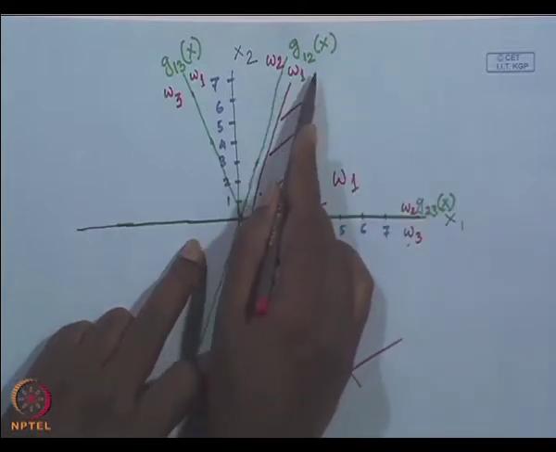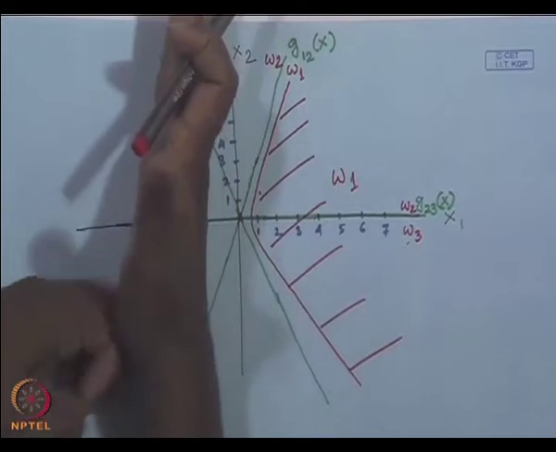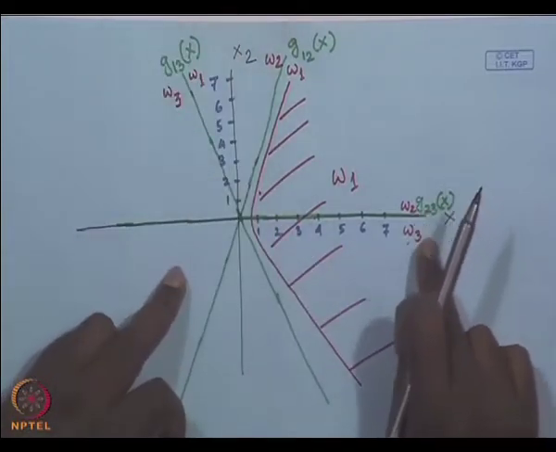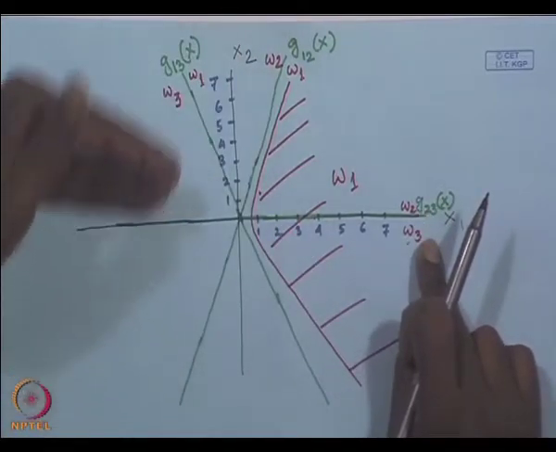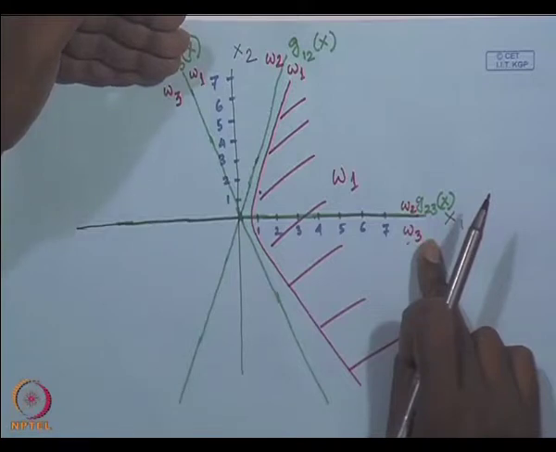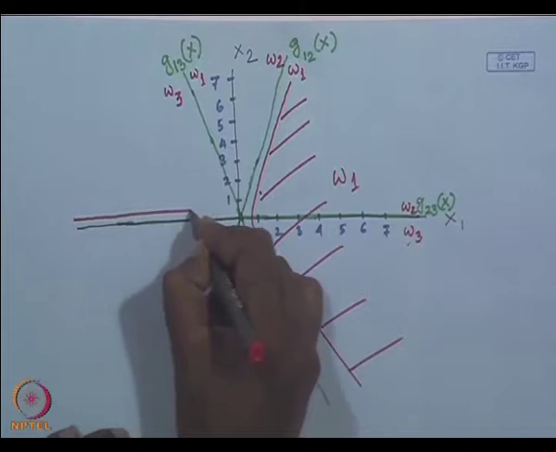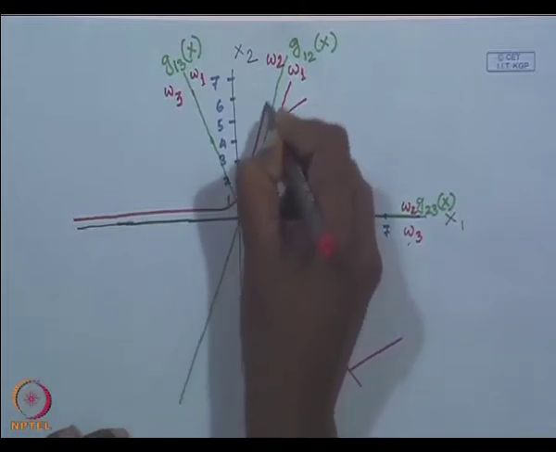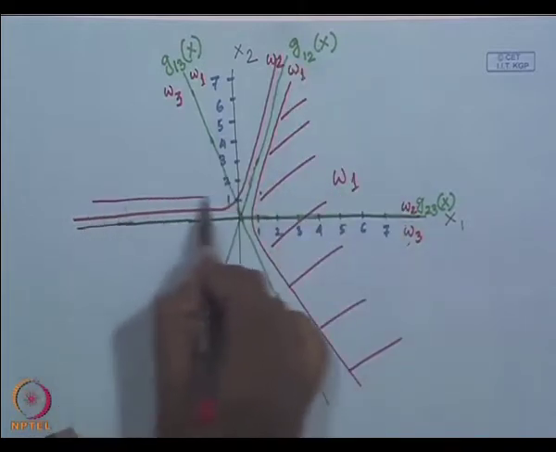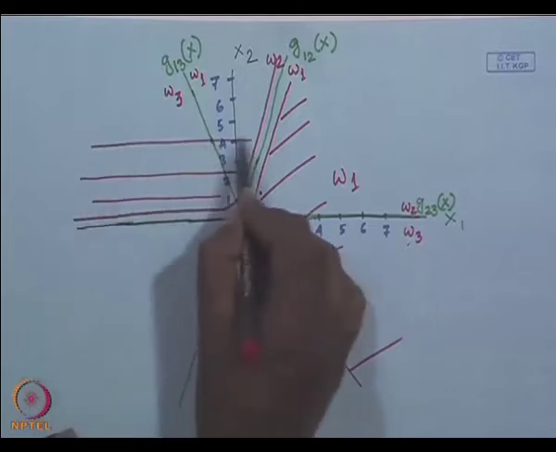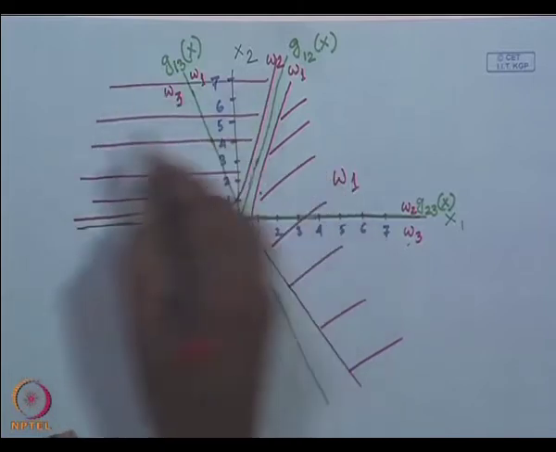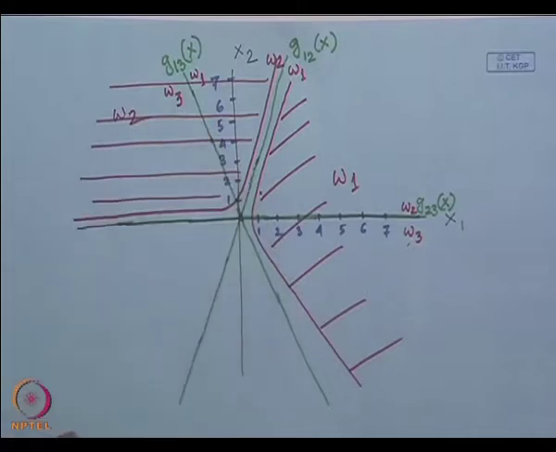So, G12x tells me that this half goes to omega 2, and G23x tells me that this half goes to omega 2. So, finally, the region which is allotted to omega 2 is nothing but this region.